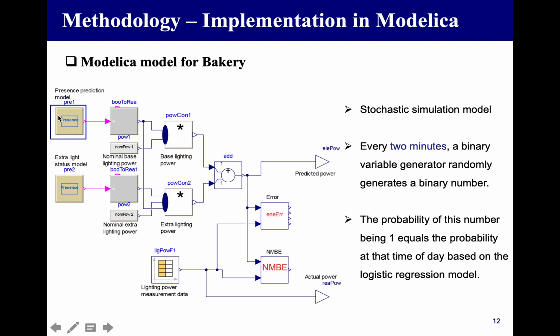As input, this is a presence prediction model, and it is a stochastic simulation model. Every 2 minutes, a binary variable generator will randomly generate a binary number, and the probability of this number being 1 equals the probability at that time of day, calculated by the logistic regression model.